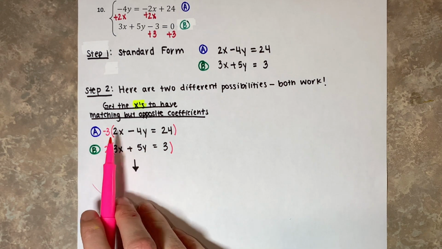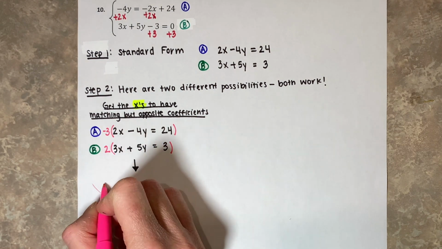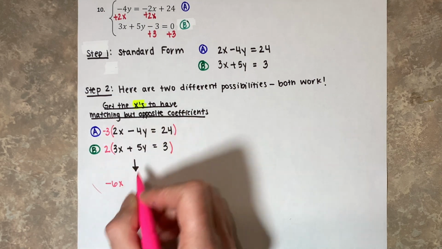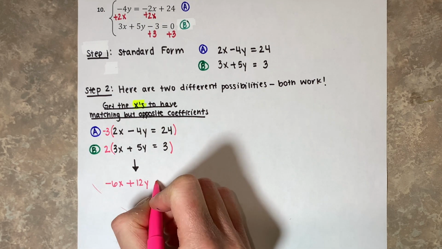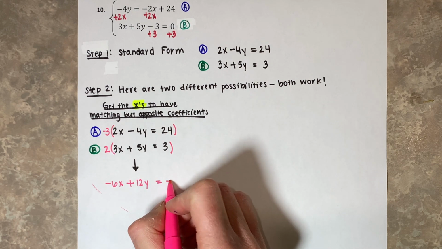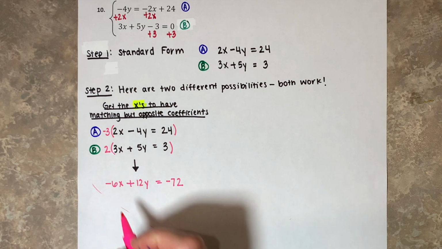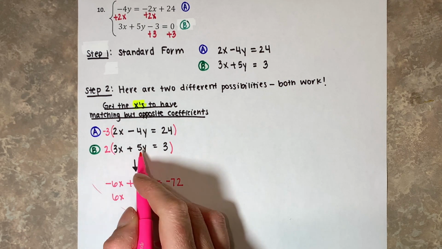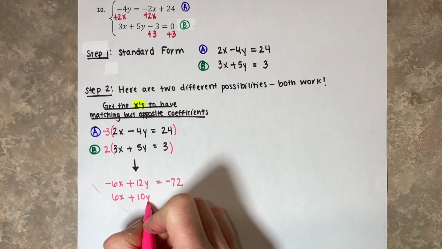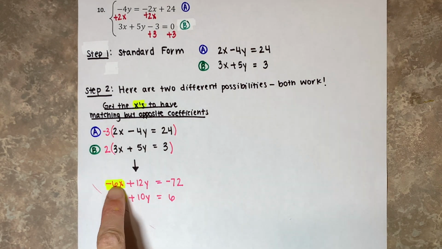So let's see, if we multiply the top equation by -3, that will leave us with -6x plus 12y is equal to -3 times 24, which gives us a -72. Then if we multiply the bottom equation by 2, that will give us 6x plus 10y is equal to 6. So we've got the x's to have matching but opposite coefficients, -6 and +6.